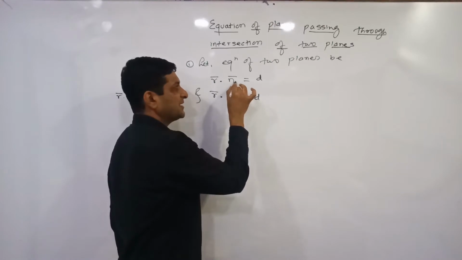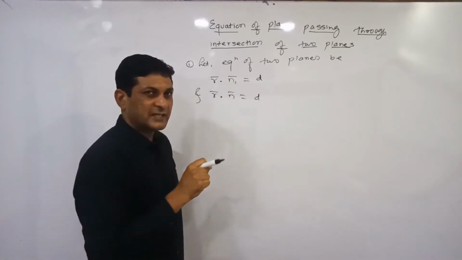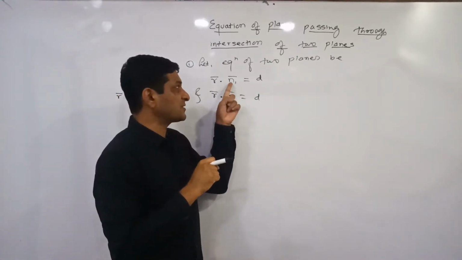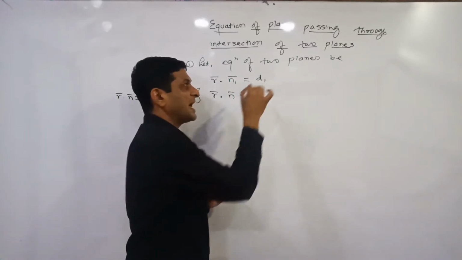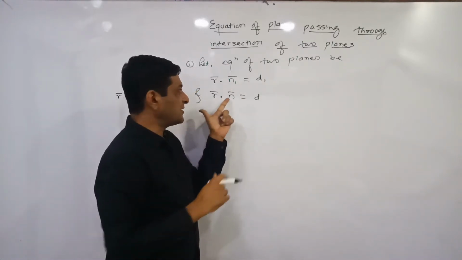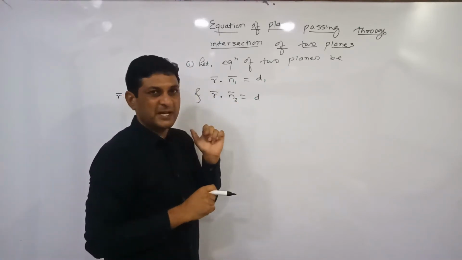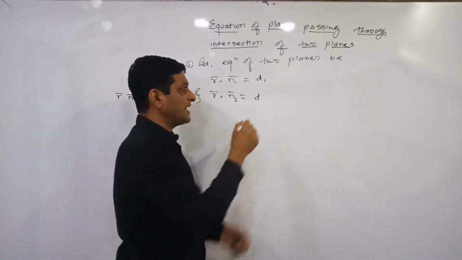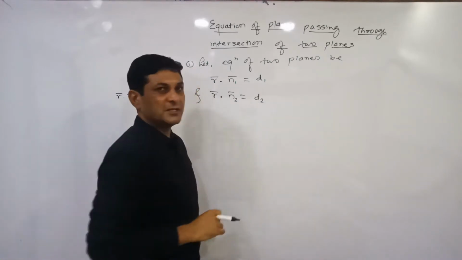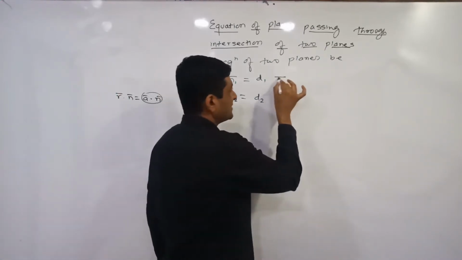Since two planes are there, denote the vector perpendicular to the first plane by n1 bar and the scalar by d1, and in the second equation denote the vector perpendicular to the second plane by n2 bar and the scalar by d2.